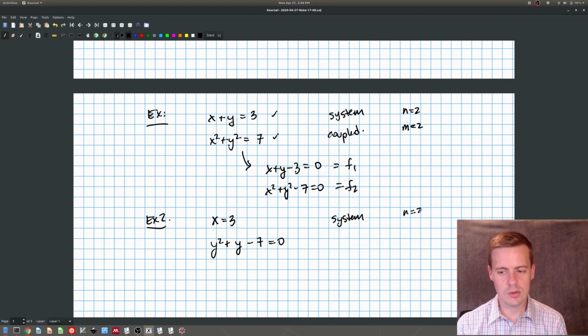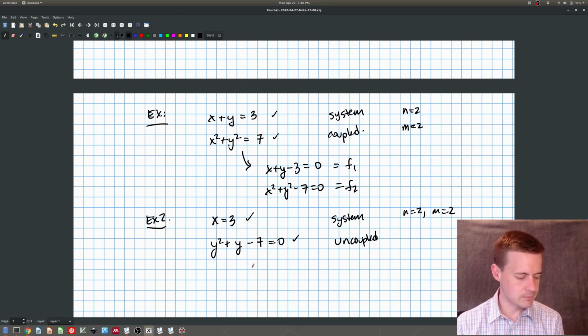I have n equals 2 and m equals 2, but they're uncoupled. Why are they uncoupled? Well, look, I already have solved for x, and I can solve for y. I have y squared plus y minus 7 equals 0. This is a quadratic equation. I can solve that just as if it was independent, just as if it was a single equation.